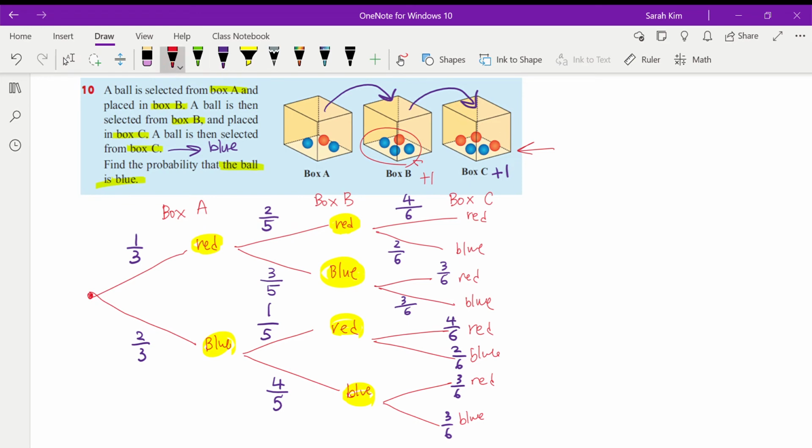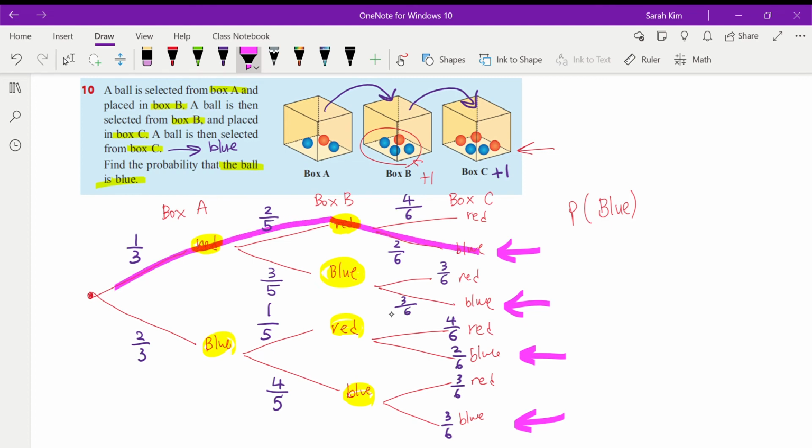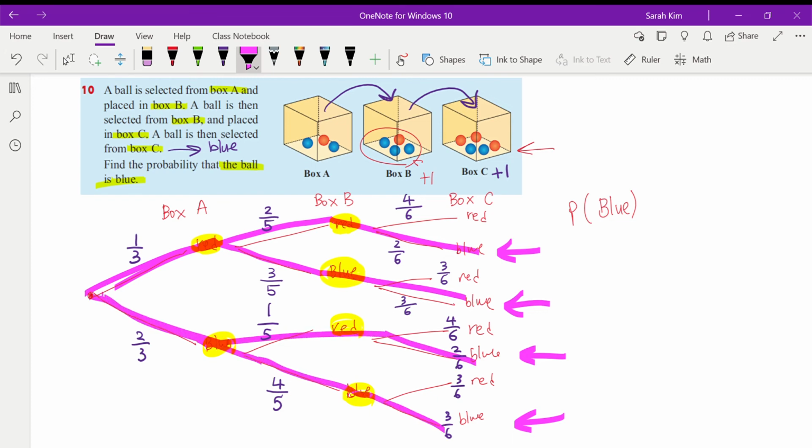So let's find the probability of blue in box C. We don't care about the other ones, but basically we want this option, and this option, and this option, and this one, because our last option is a blue. I'm assuming we'll try that.